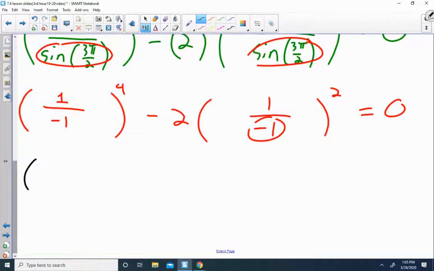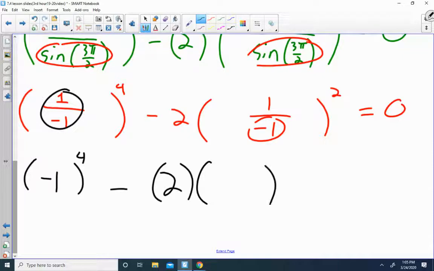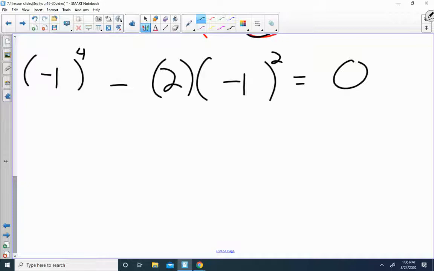So over here, 1 divided by -1 is just -1, all raised to the power of 4, minus 2 times 1 divided by -1 is -1, and that's going to be squared. And we're going to see if that equals 0. Simplify the rest from there. -1 to the 4th in parentheses should give you a +1.